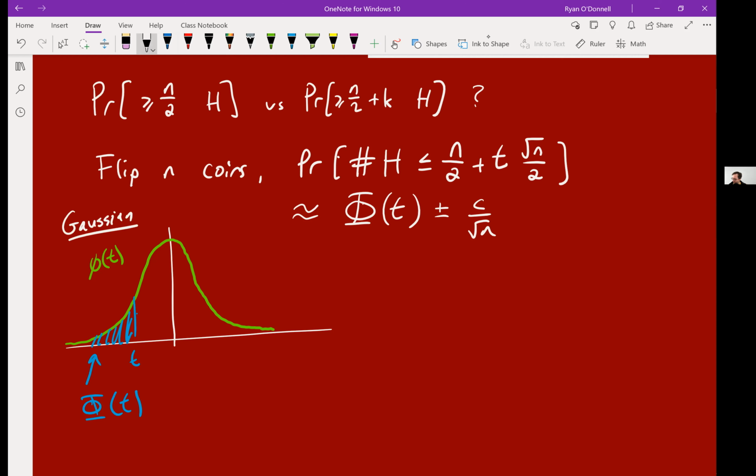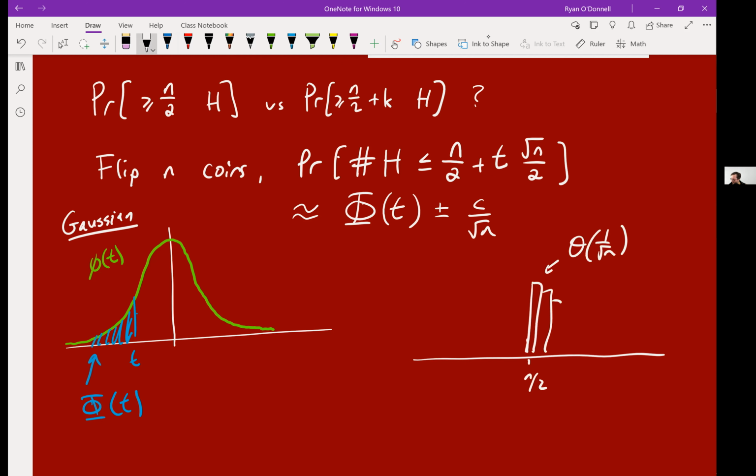And then if you actually flipped the coins and did a little histogram of the probability of getting each exact value, let's assume that n is, well, I guess you would get some situation here where this is n/2, and you get some height here. This would somehow be proportional to 1/√n, I guess.